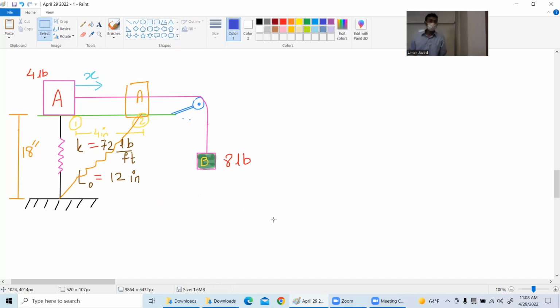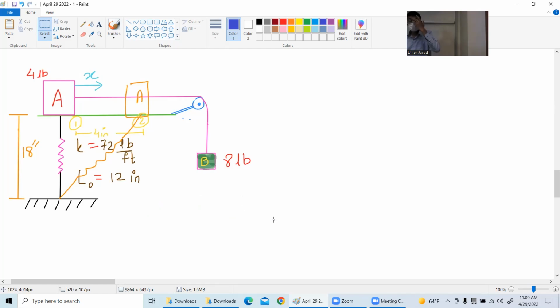Okay, so the problem says that the mass is with a spring. Initially, it is stationary. Now, an 8-pound force, somebody had been holding it, somebody removed their hand, so the mass started its motion towards right.